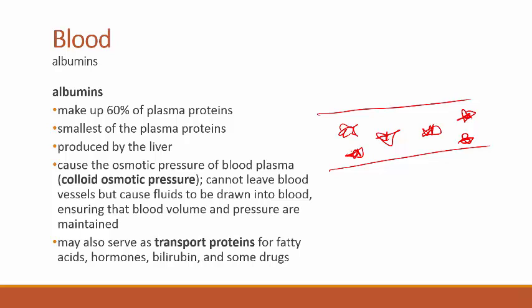If we have blood here and it's 92% water and the rest is composed primarily of these albumins, and out in the tissues we have, say, 94% water because there's not quite as much protein dissolved in the tissue fluids.